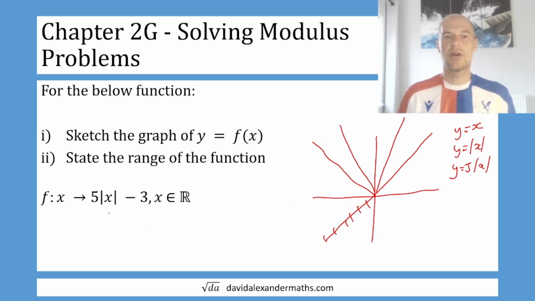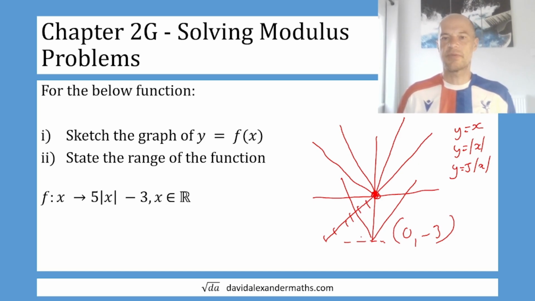And so 5 times the modulus of x take away 3 is this graph moved down 3. The key thing is that this vertex here is 0, 0. So if we move it down 3, then it is going to be 0, negative 3. So this is the minimum point here.